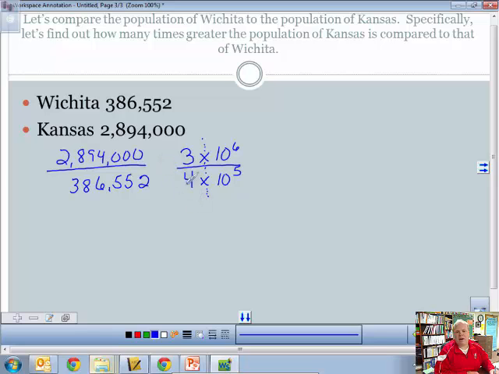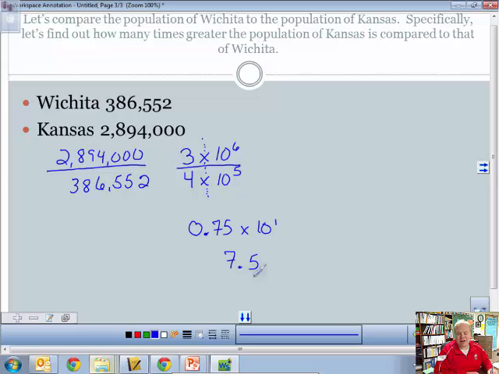Okay. 3/4 is the same as the decimal 75/100. So I'm going to use a decimal here because I'm going to want one answer in the end. Times 10. Okay. 6 minus 5 is 1, so times 10 to the 1st, which is just times 10. So when I take 0.75 times 10, I end up with 7.5.